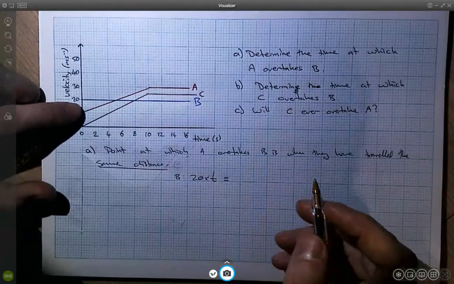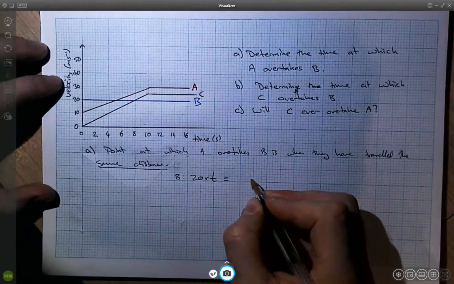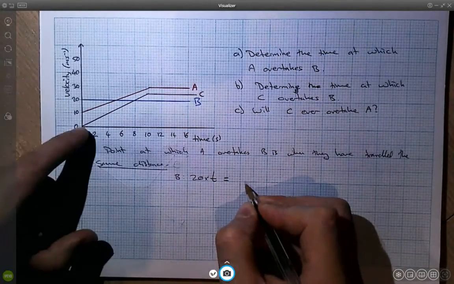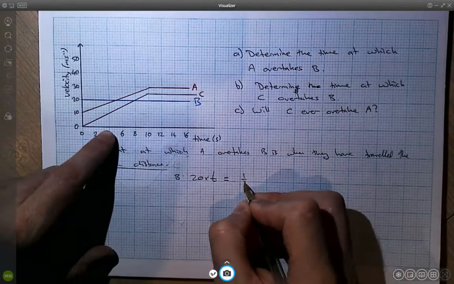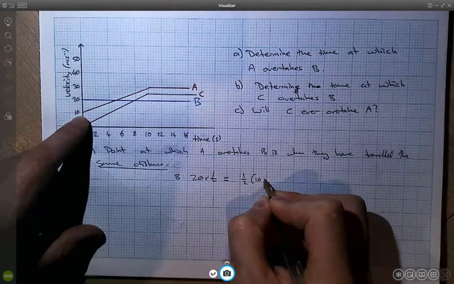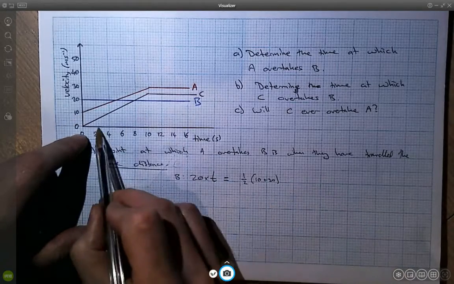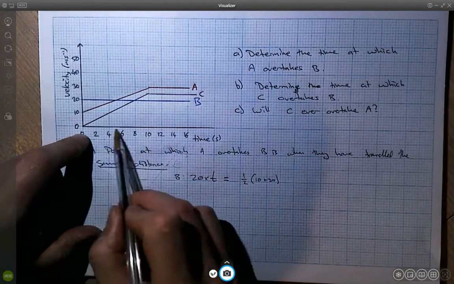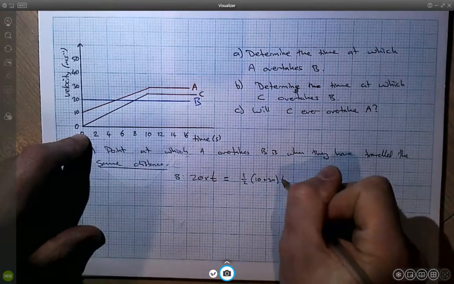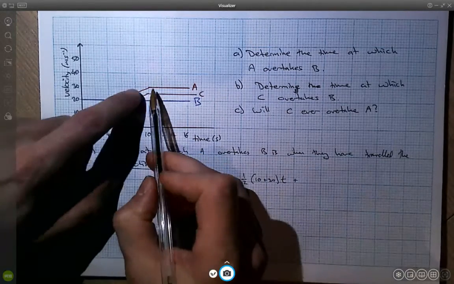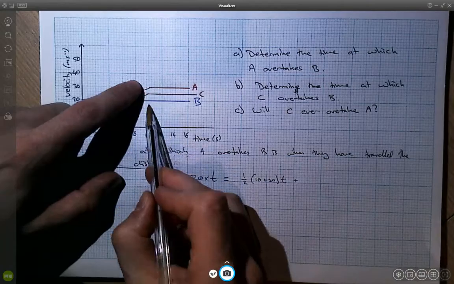Well, it's going to be the area of this trapezium, which is a half times 10 plus 30 times the time here. And then we also need the area of this rectangle here.